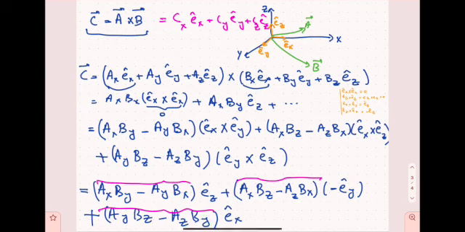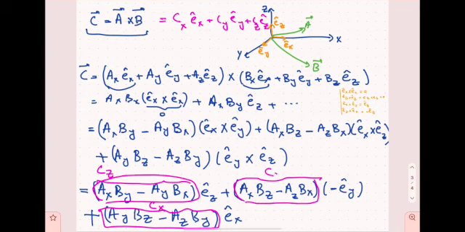So that means this parenthesis is my CX, and this parenthesis is my CZ. And this one obviously is CY.